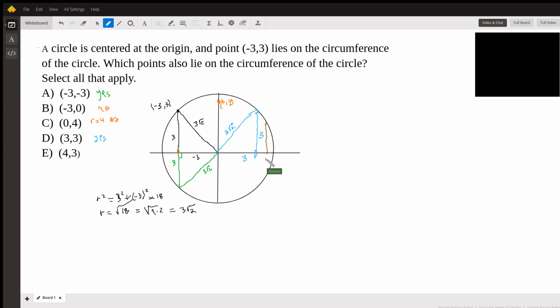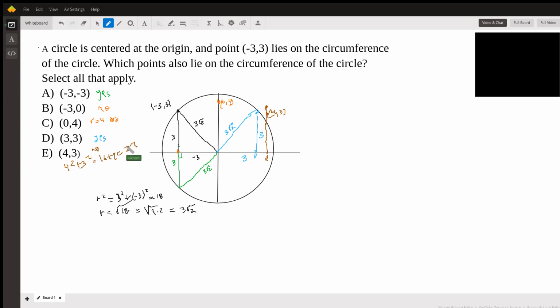If you wanted to do the math, you would just do 4 squared plus 3 squared, which is 16 plus 9. That's going to be 25, so it's going to be outside the circle. 4, 3 will be here. It has to have the same height as the other one. Outside the circle. So that's a no.